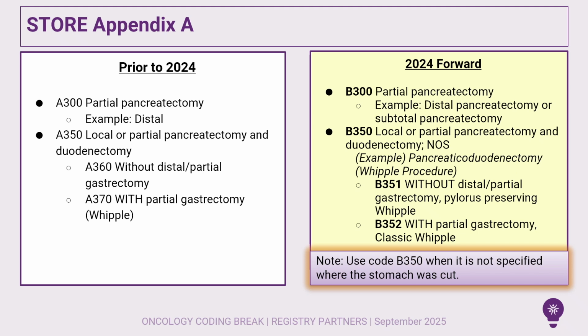And B351 clarifies that it is without the partial gastrectomy. That is the pylorus preserving Whipple. And the B352 is with the partial gastrectomy, which is the classic Whipple. So it brings us into how do we pick between 350 and 352? 350 is used when it's not specifically mentioned where the stomach was cut.